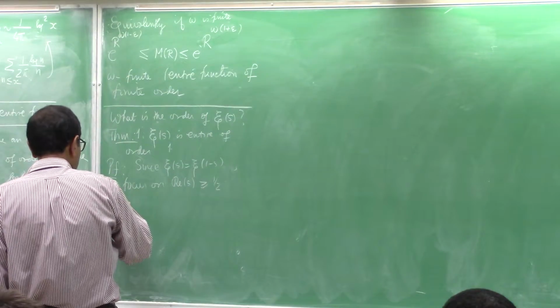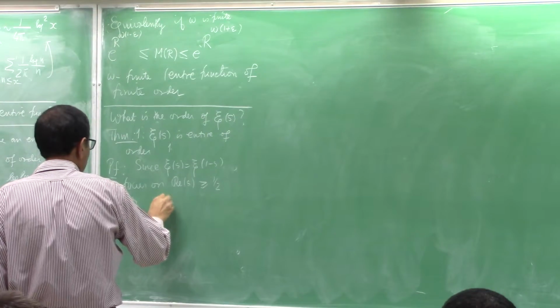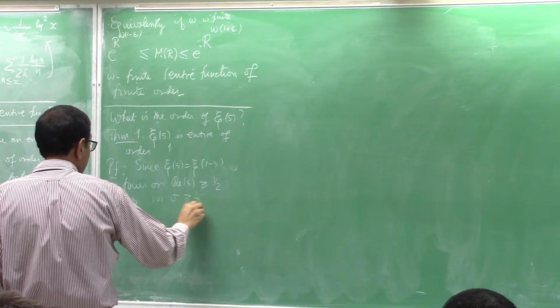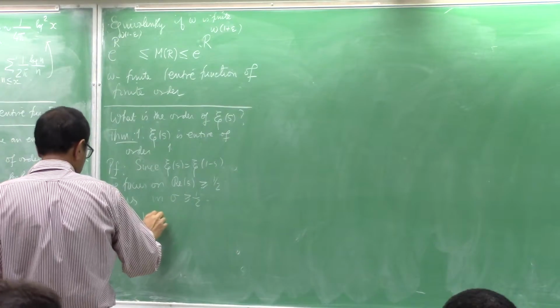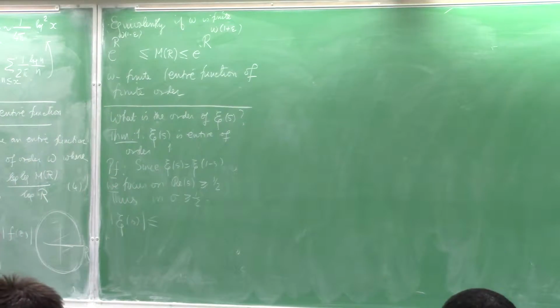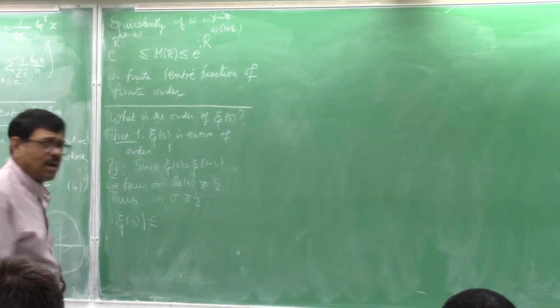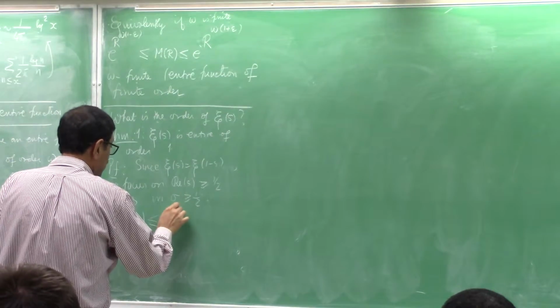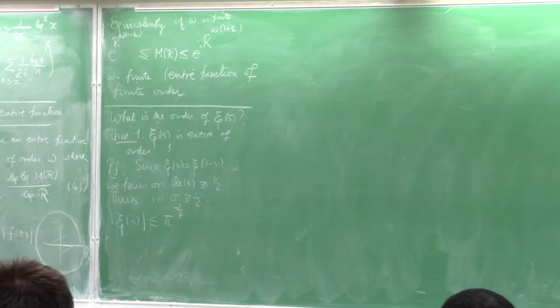Thus, for real S greater than or equal to half, the absolute value of C of S is less than or equal to pi to the minus S over 2. That's just pi, that's of no consequence. Gamma S over 2, right?